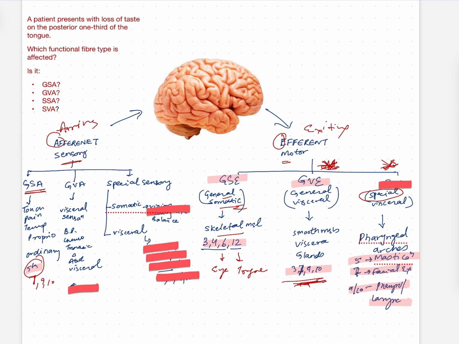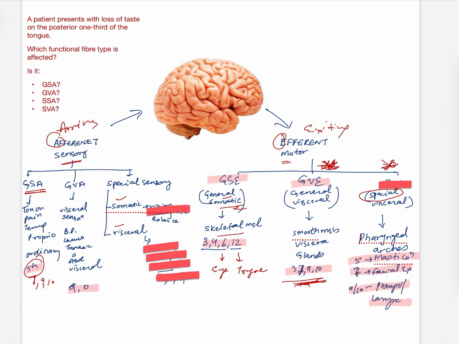Now come the special sensations, which are divided into two parts, somatic and visceral. We need to remember what the special somatic and special visceral sensations are. The important thing is that the visceral ones take sensation from chemicals.